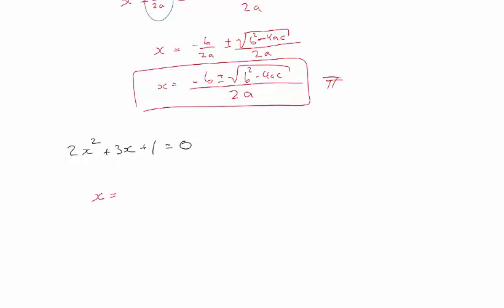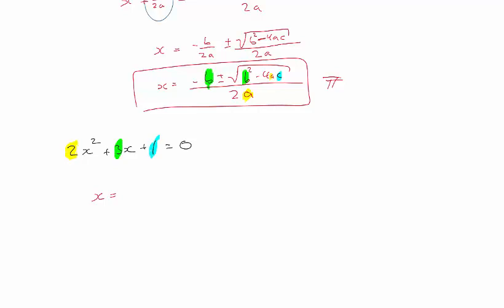That's our a. A goes here and here. That's our b. B goes here and here. And here is our c. And c goes right there. Again, please note that we are only including the number in front of the x, not including x itself.